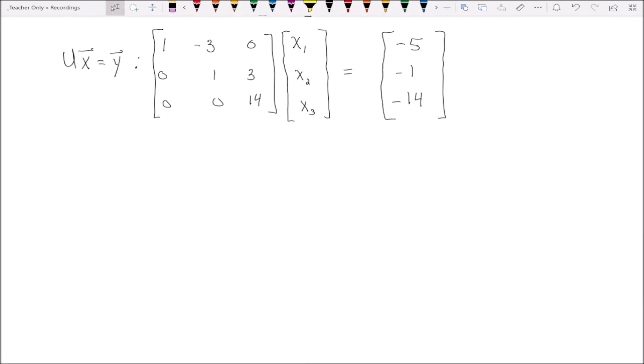Right, set up the system. x1 minus 3x2 is equal to negative 5. x2 plus 3x3 is equal to negative 1. And 14x3 is equal to negative 14.